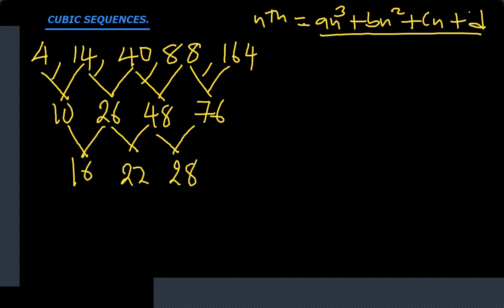Now we go to the difference of the difference of the difference: 22 minus 16 gives us 6, and 28 minus 22 gives us 6. Now this is the difference of the difference of the difference, which is 6.